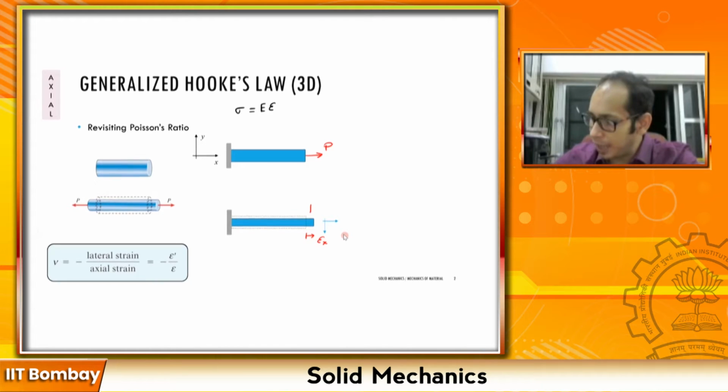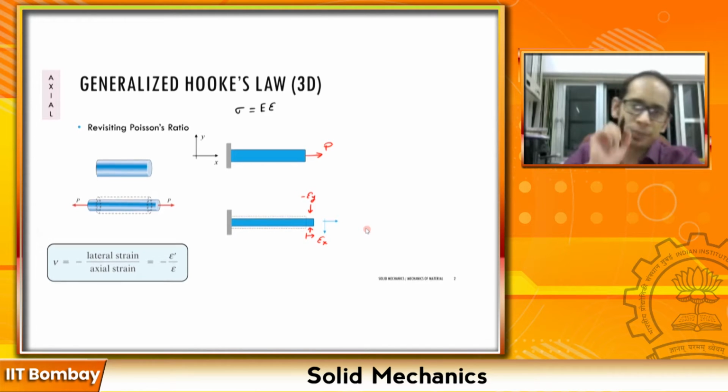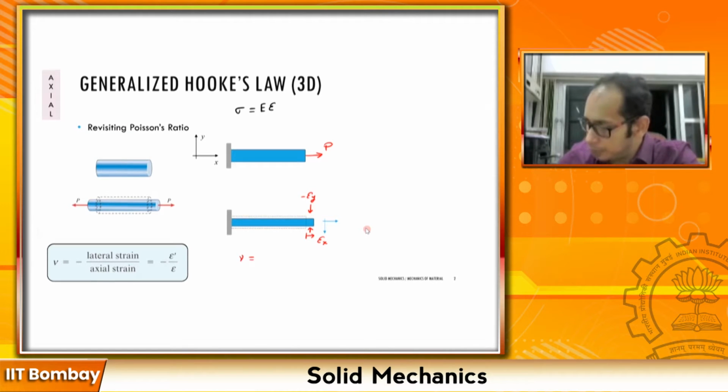I am also going to have a lateral strain, which is happening in the negative y direction, so this is going to be minus epsilon y. If I have to write the same Poisson's ratio in terms of strains about this coordinate axis, how do I write it? My nu becomes equal to negative of epsilon y divided by epsilon x, right?